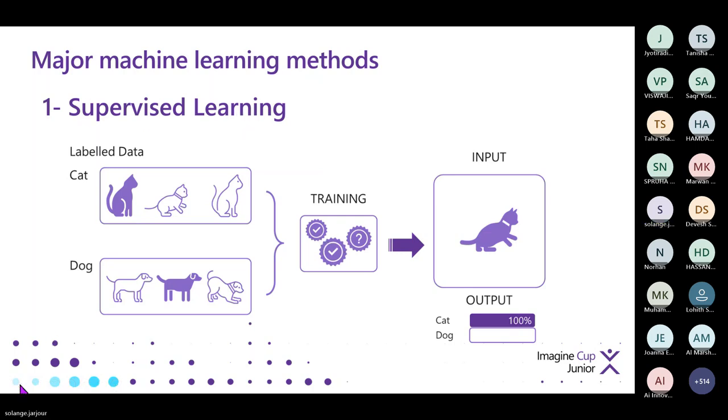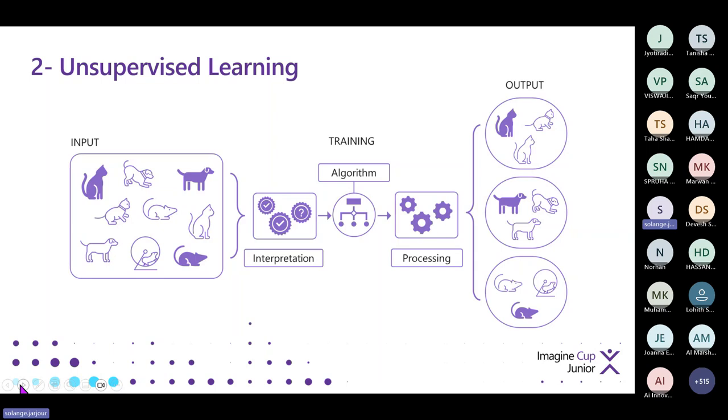Okay, let's go to the second method, unsupervised learning. So here, imagine as if you are a student with a lot of images, and you have to rely on your own memory, maybe, or your own algorithm, or your own interpretation to group these images into different groups with similar features, okay?